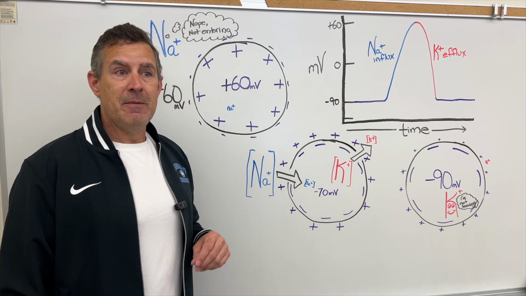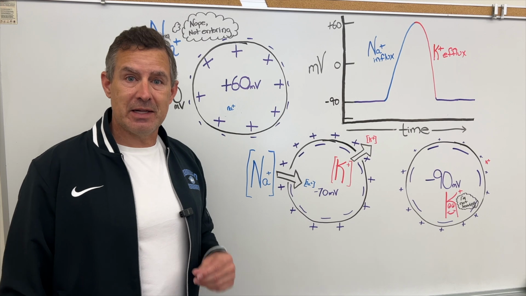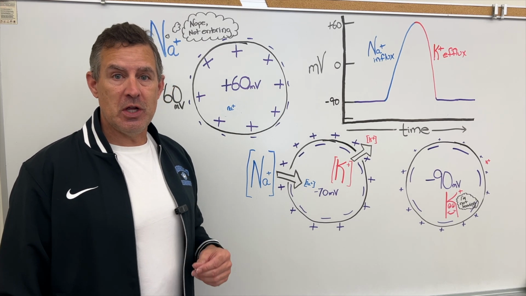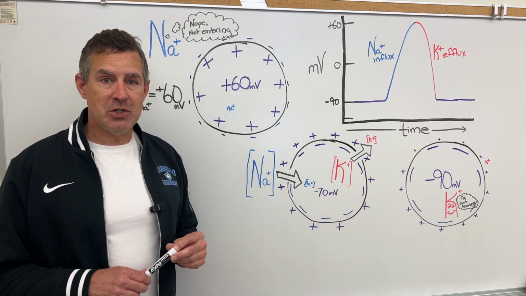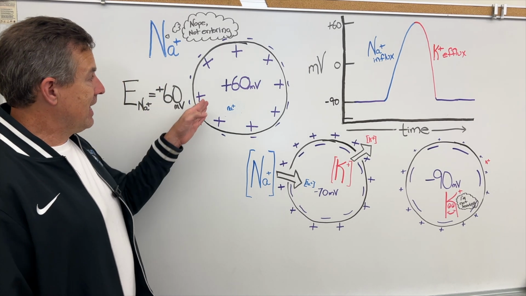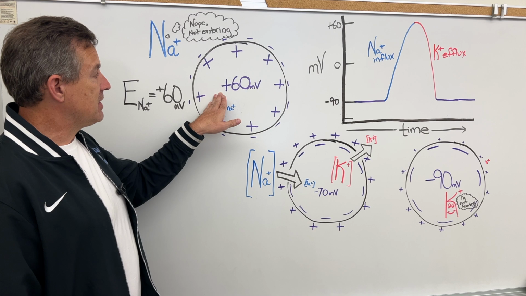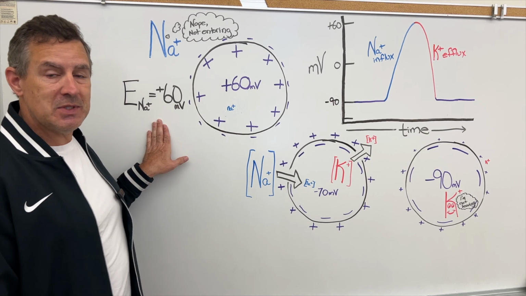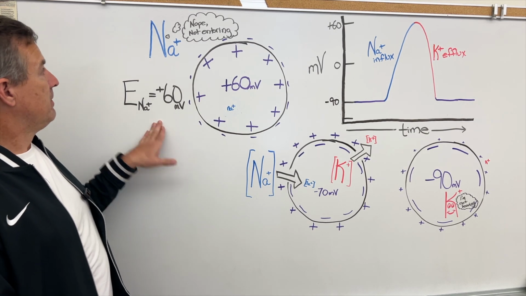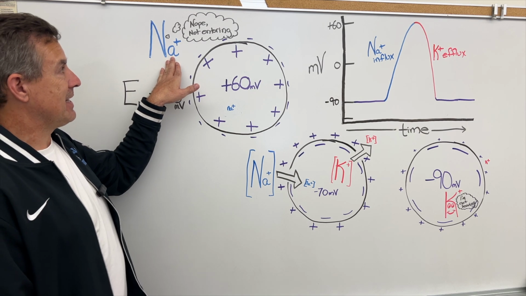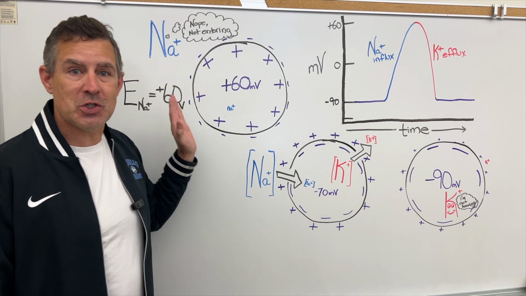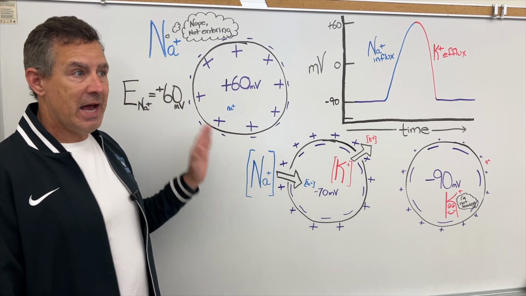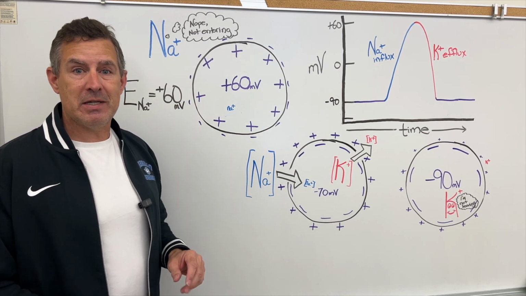That is to say, the cell still remains selectively permeable to sodium either via sodium leakage channels or sodium gated channels. So once again, at positive 60 millivolts, which is sodium's equilibrium potential, sodium is going to decide, I'm not entering that cell anymore. It's too gosh darn positive. That is sodium's equilibrium potential.